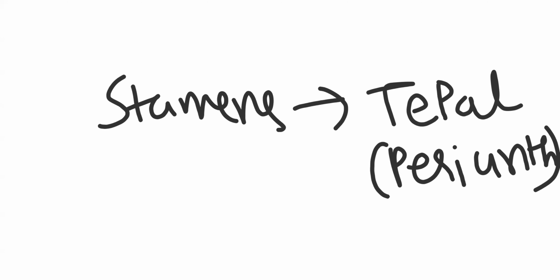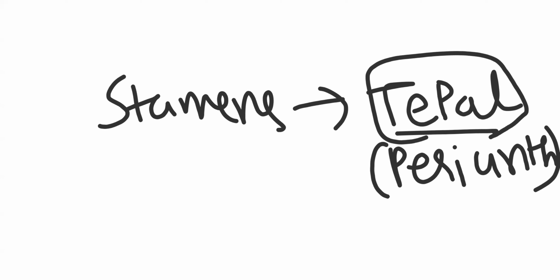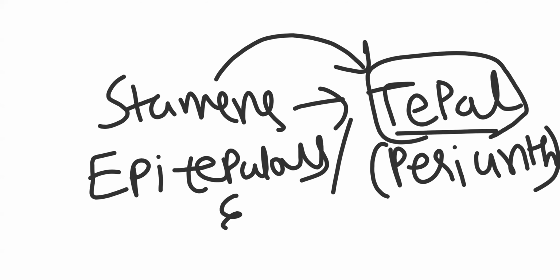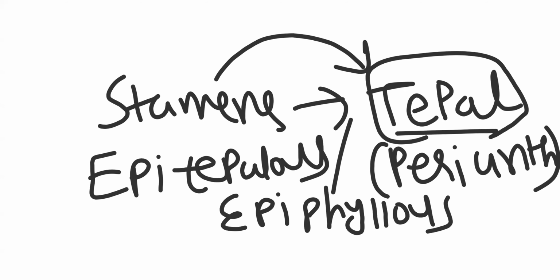Calyx and corolla look the same, we can't differentiate them, right? One example, remember, bougainvillea. Right? So in that case, these units we call the tepal. So if stamens are attached to and fused with this tepal, we call it epitepalous. There it was petalous, here it is epitepalous or epiphyllous. Epitepalous, or we can say epiphyllous condition.